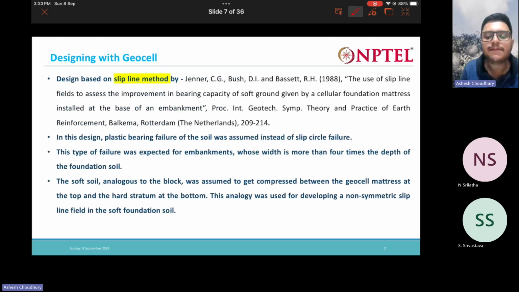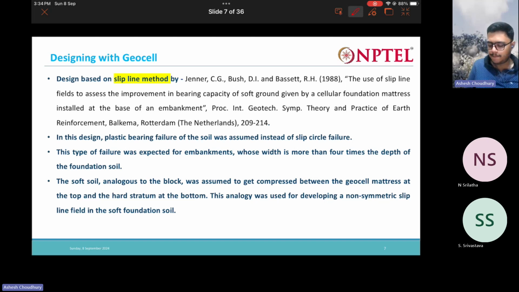Now, the design methodology: for designing using the geocell, many researchers have given many methods. One of the most important is based on the slip line method, given by Jenner, Bush and Bassett in 1988. The title of the paper is 'The use of slip line fields to assess the improvement in bearing capacity of a soft ground given by a cellular foundation mattress', that means geocell, installed at the base of an embankment.